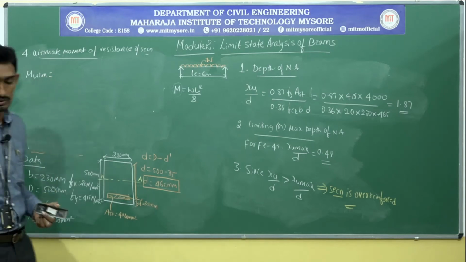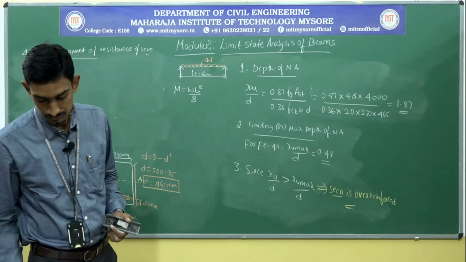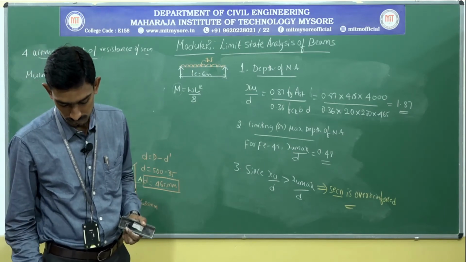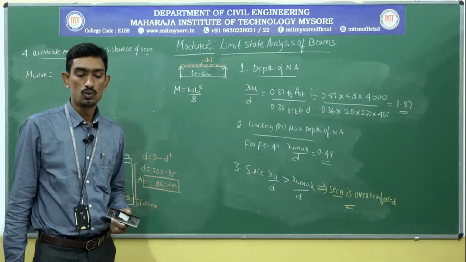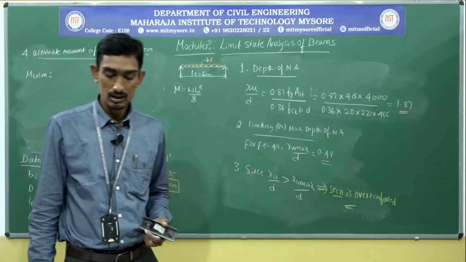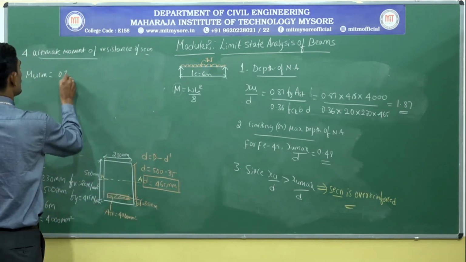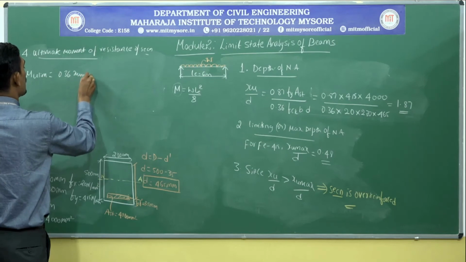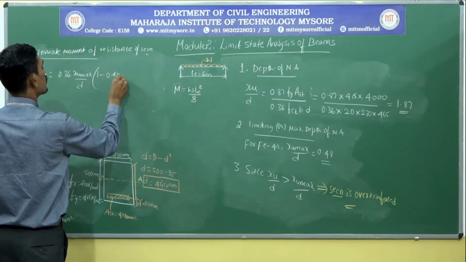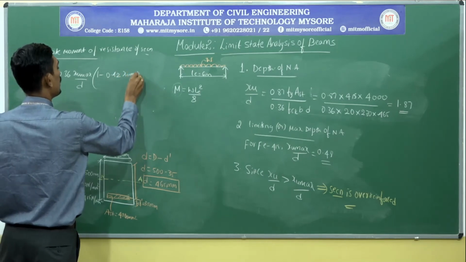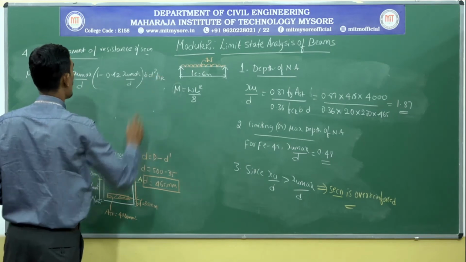This formula will be used as per annexure G 1.1 C. The same formula we can use, that is 0.36 xu max by d, then 1 minus 0.42 xu max by d into b d square fck.